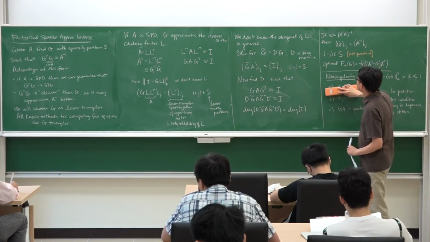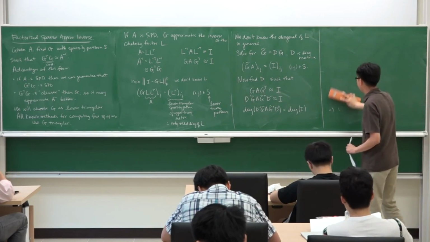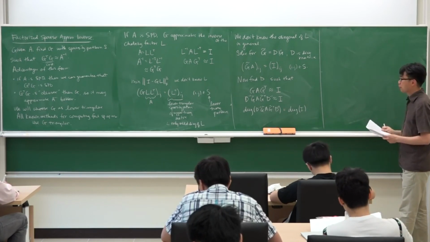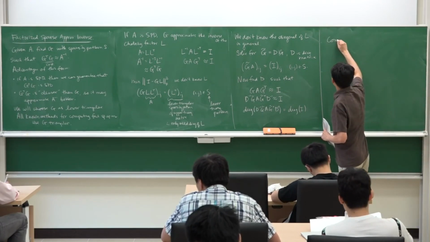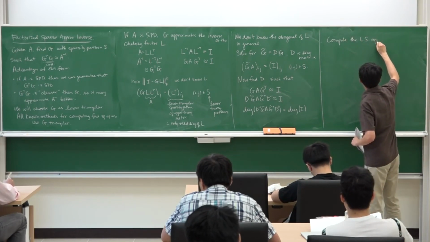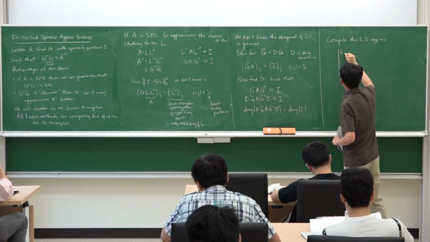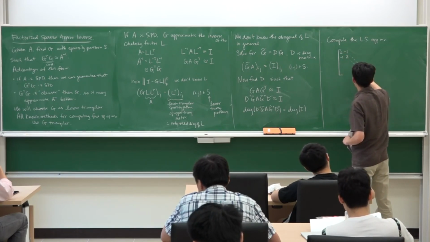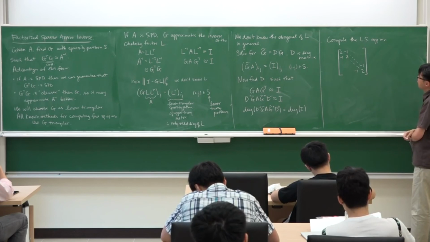Okay, so in the last minute, let me give you a simple exercise to try for next class. And that is just to compute the least squares approximate inverse of this tridiagonal matrix, our favorite tridiagonal matrix.